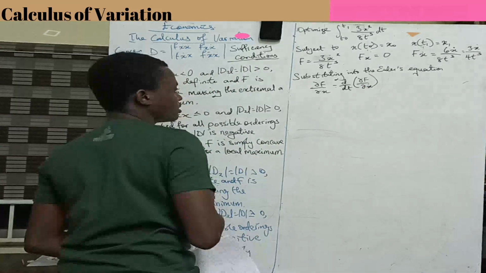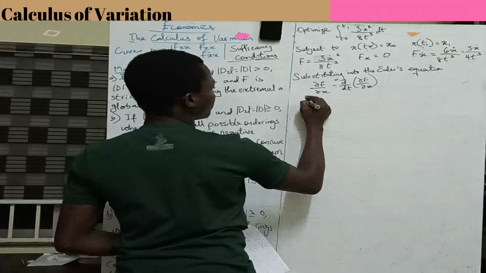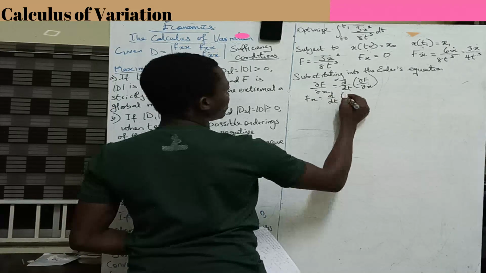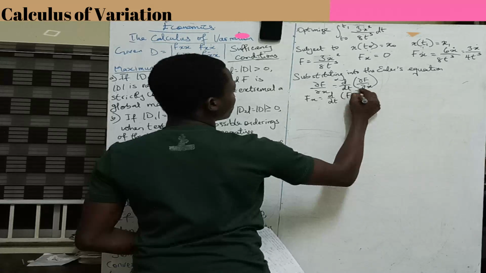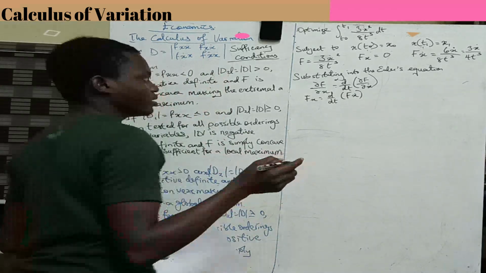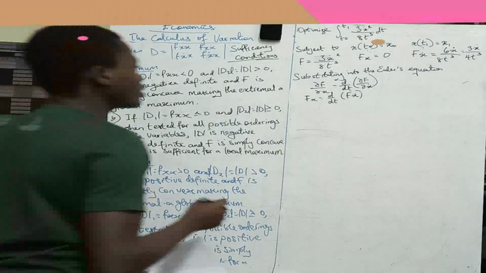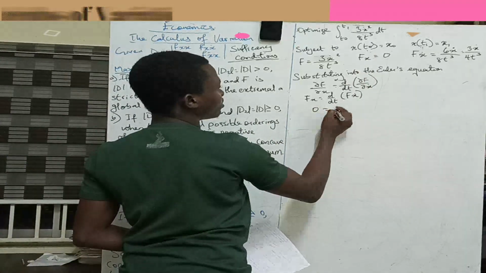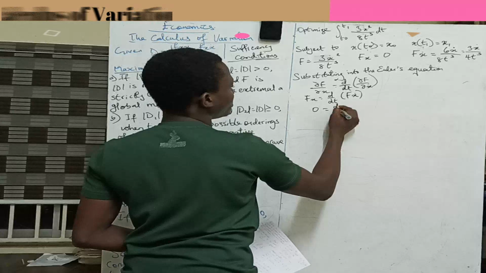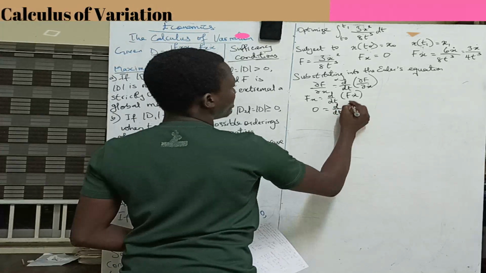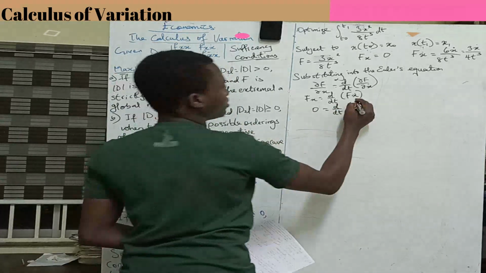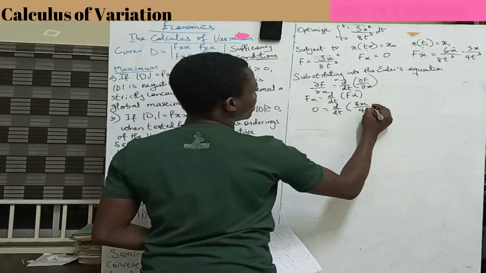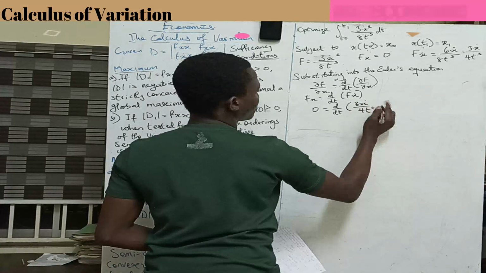So, in other words, this is just saying that your f_x is equal to your d/dt of your f_x dot. So that's what it's saying. So you can just write it that way. f_x, if you look at it, is 0. So you have 0 equals d/dt of 3x dot over 4t raised to power 3.